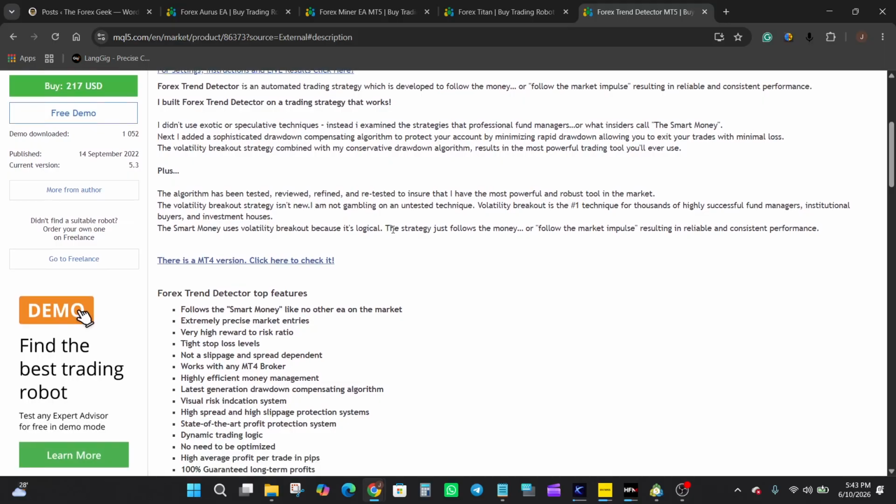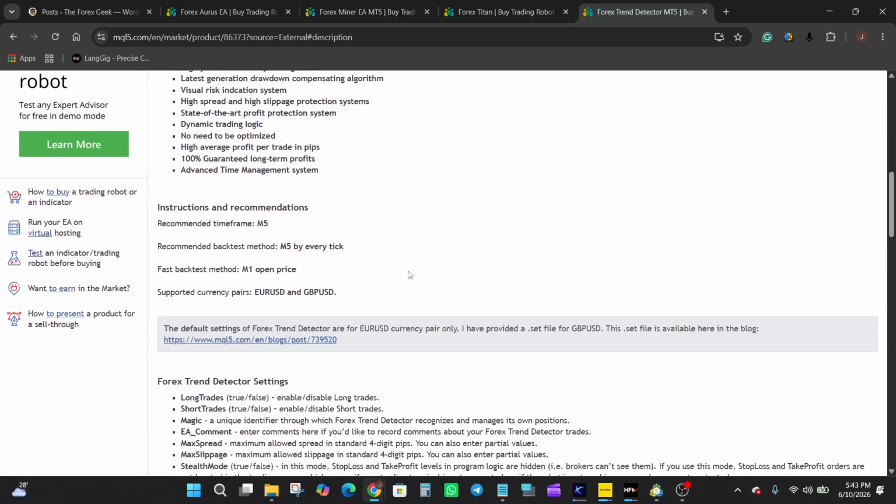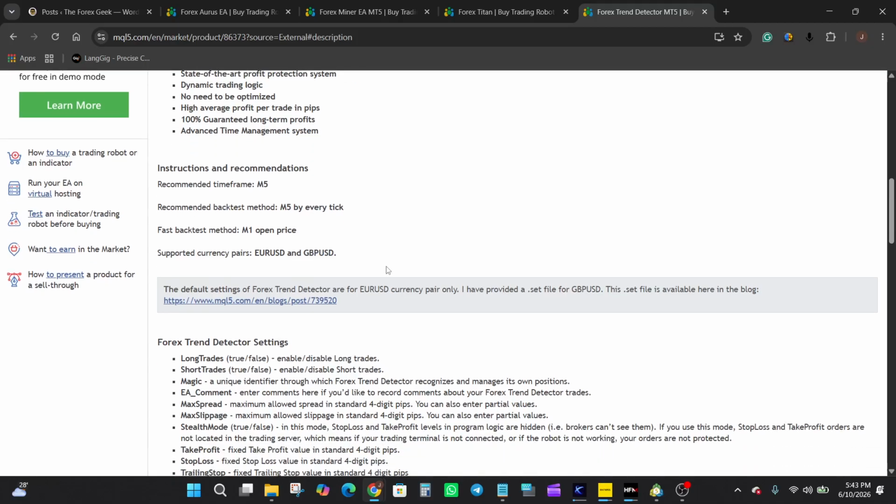I also notice it supports Euro USD and GBP USD with M5 recommended as the time frame. For backtesting, it suggests using M5 with every tick data or a faster M1 open price method for quick evaluation.